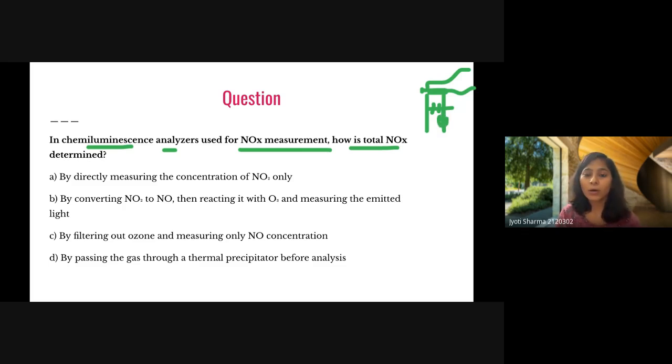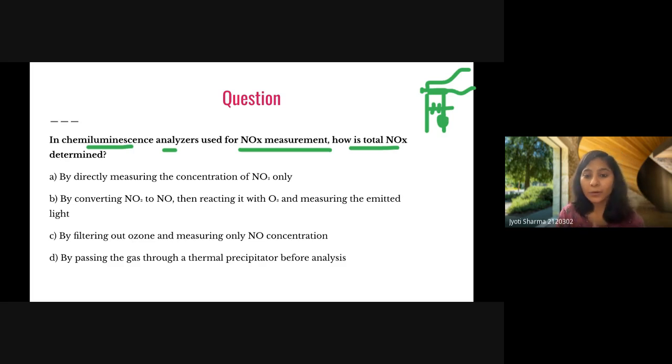This is just like ambient, but because it is coming from the chimney, the name given is stack sampling, but it is very similar to ambient air sampling. And yes, this is part of point source of emission.